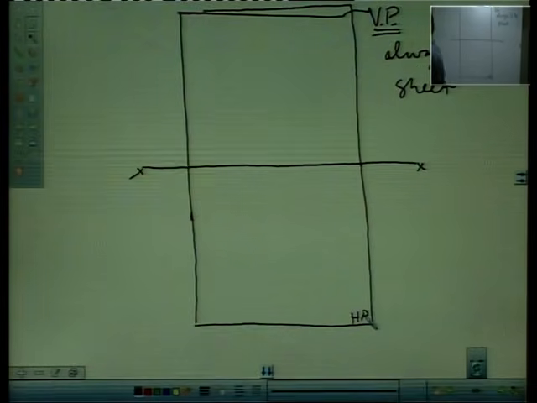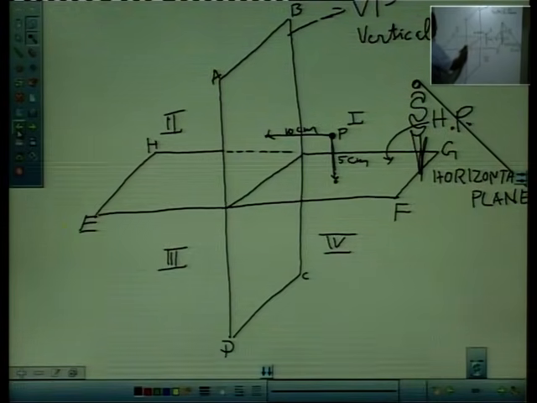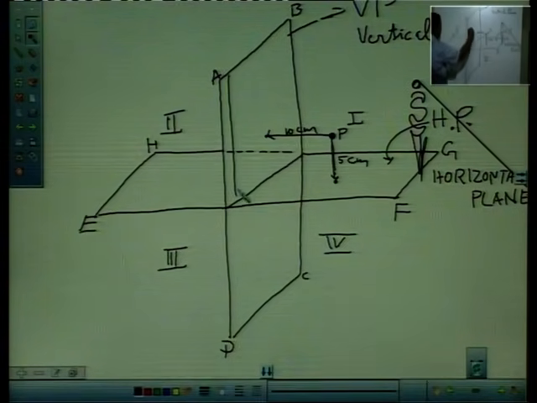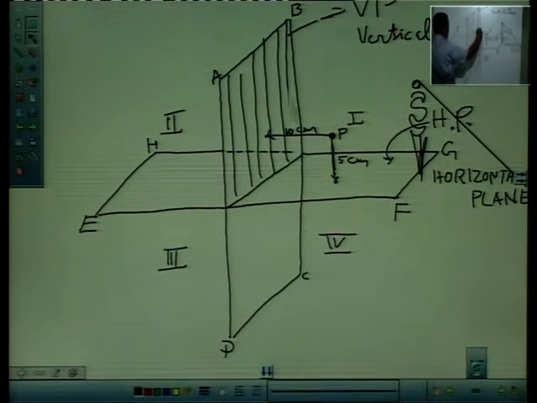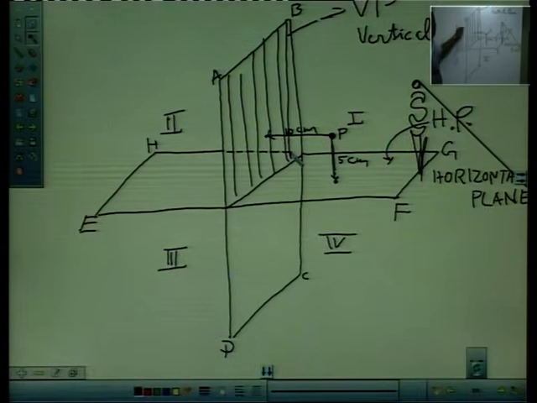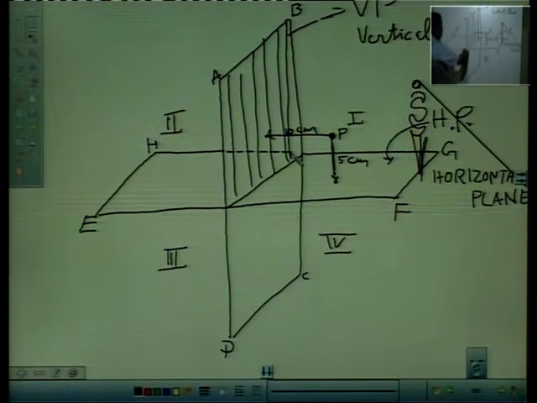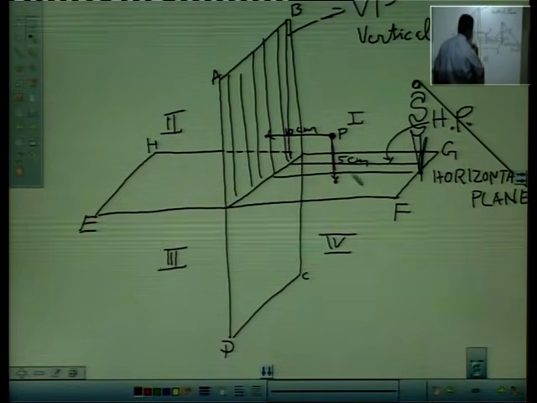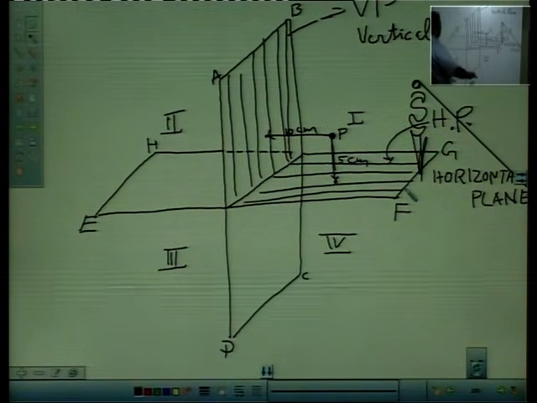How has this happened? Let us go back to our 3D. See here, this plane is by default parallel to the sheet and represented flat on the sheet. This horizontal part, say this is horizontal plane, will move 90° clockwise.